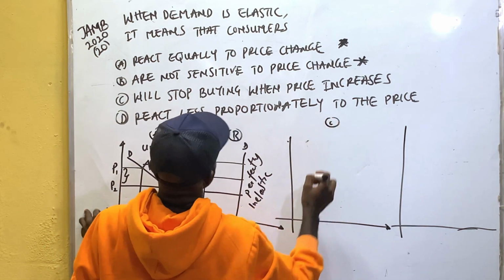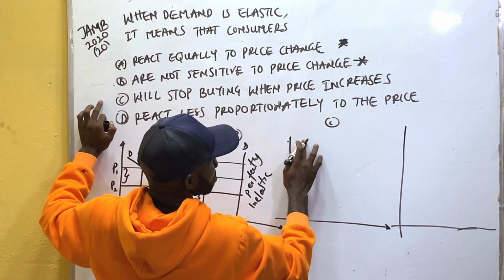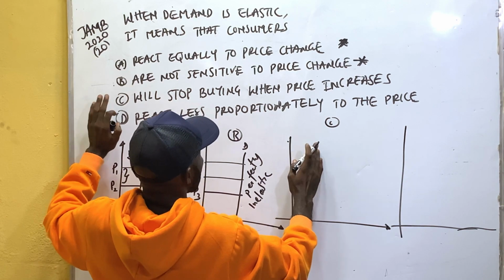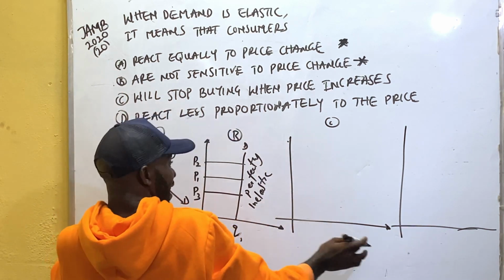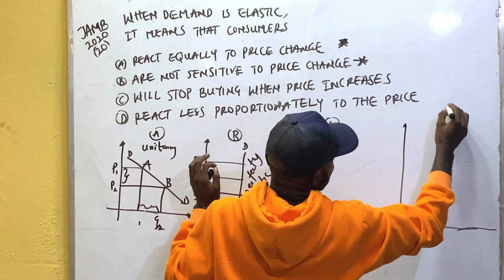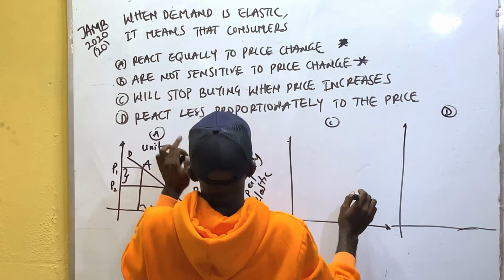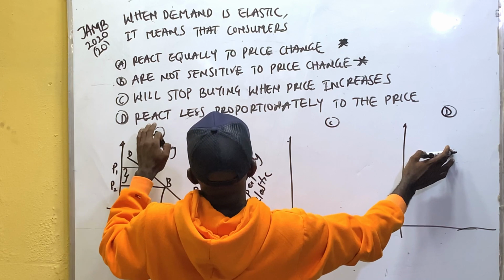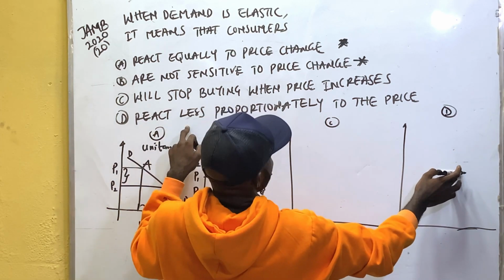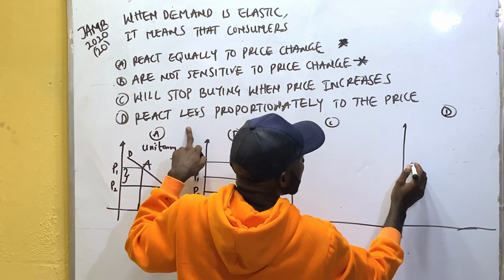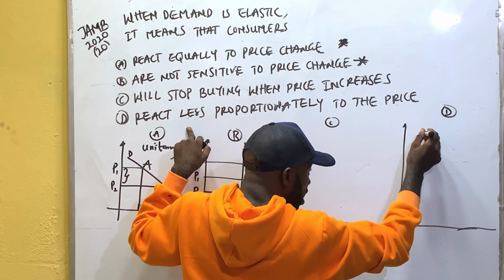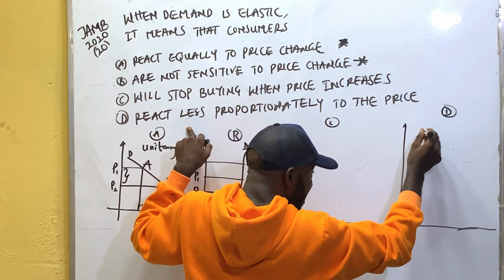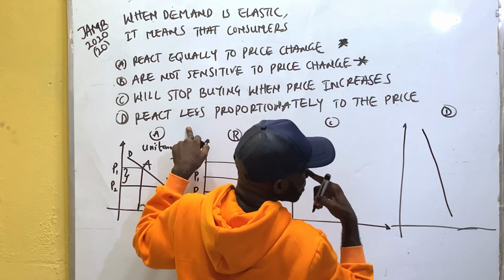Option C is for elastic or perfectly elastic. But let's judge option D first before we come to this. Option D is clear. If they have to react less proportionately to the price, then we are talking about relatively or fairly inelastic demand.